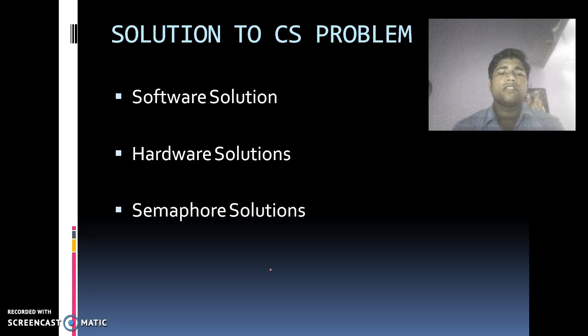It means when we design our system, we will solve it. Third is the semaphore solution. Semaphore is basically a data structure which has two operations, wait and signal. With the help of these, we will solve the critical section problem.